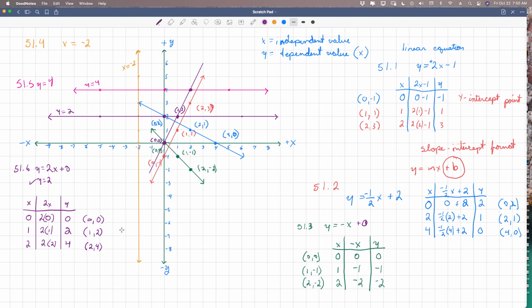There's our line. Just like that. How about that? We have our points labeled. Oh, I didn't label this one. 2, 4. So we have our line labeled with our points, and we have our line drawn.